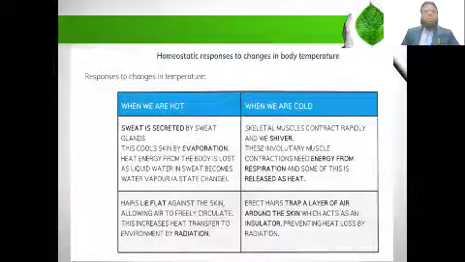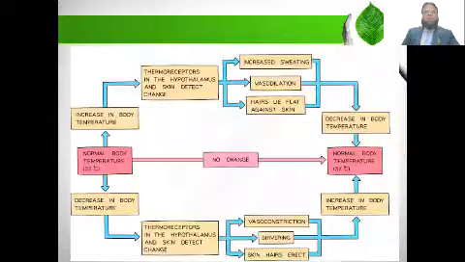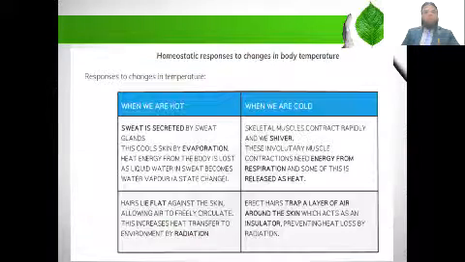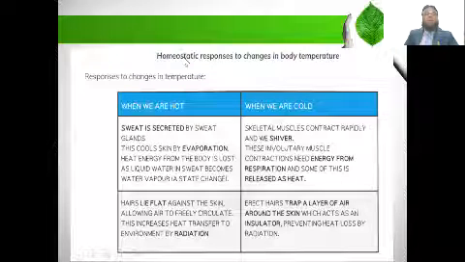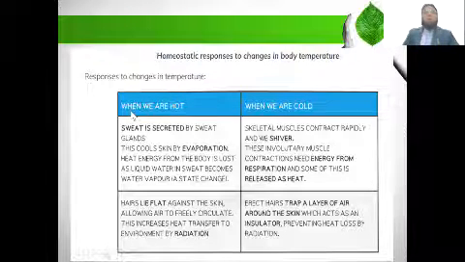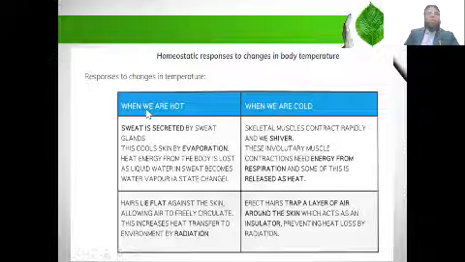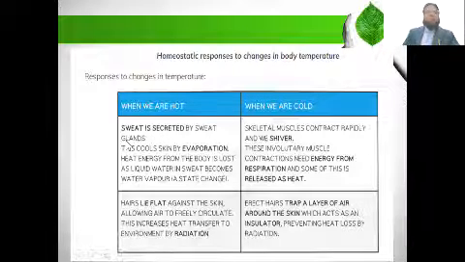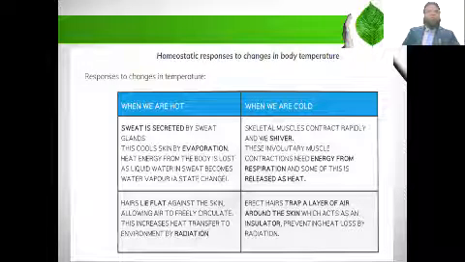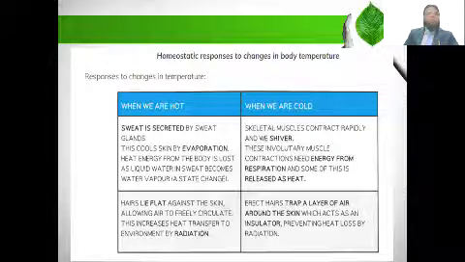Here there is a flow chart, but I want to present a comparative study of the hot and the cold condition. When we are hot, sweat is secreted by the sweat glands, as we already have seen in the diagram of the internal structure of the skin.